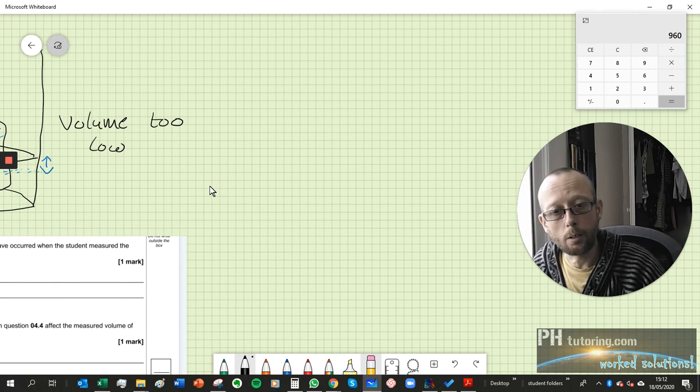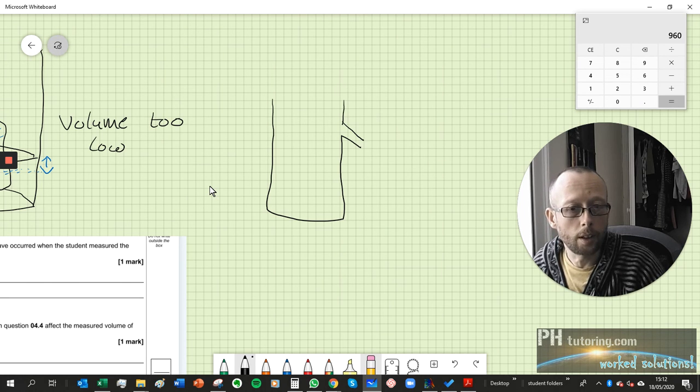Okay. What other kind of mistakes could you make, or could they have made? So another thing you could do is you've got your Eureka can, and you've filled it up with water, or maybe you haven't filled it all the way up to the lip. You only filled it up to near the lip, like that. You filled it up to that, and then you put the rock in it.